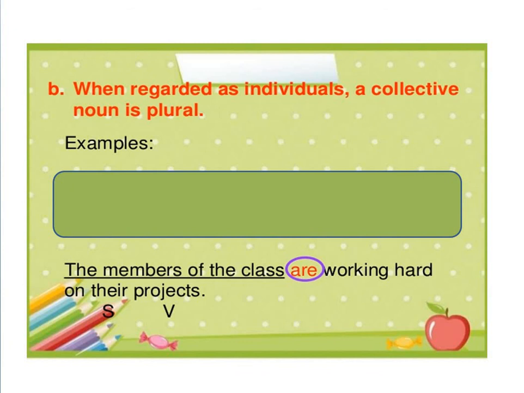We didn't write the class is working hard on their project. Instead, we wrote the members of the class. We talk about the individuals, so we took the subject as plural and we add the verb as plural as well.